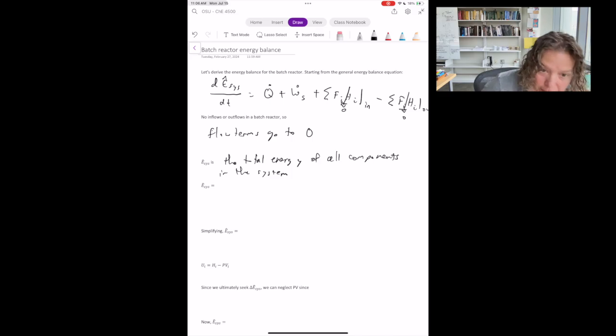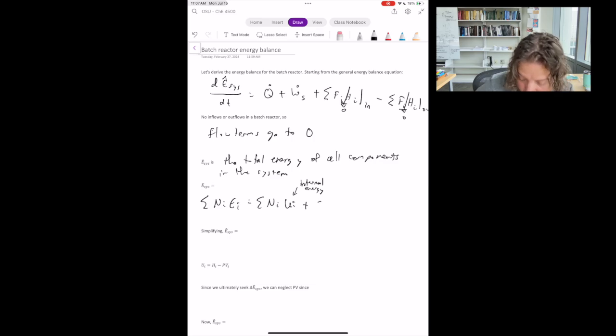So we're going to write here as a sum over the number of components, or I guess each component, component i times Ei, this is going to be equal to the sum of all of the individual internal energies plus the kinetic energies, we'll just say KE, plus the potential energies.